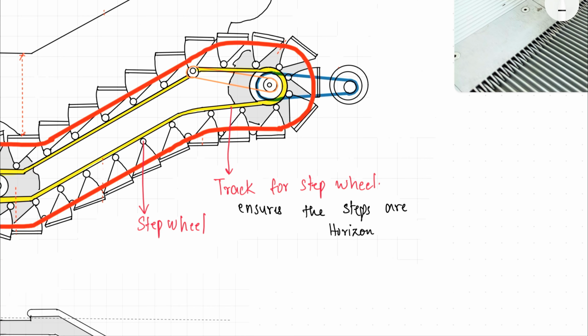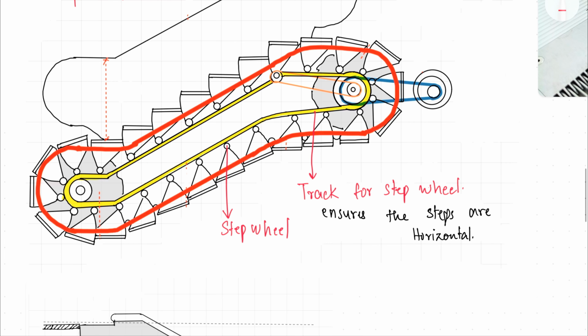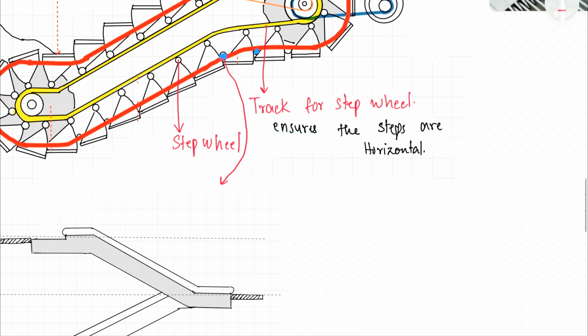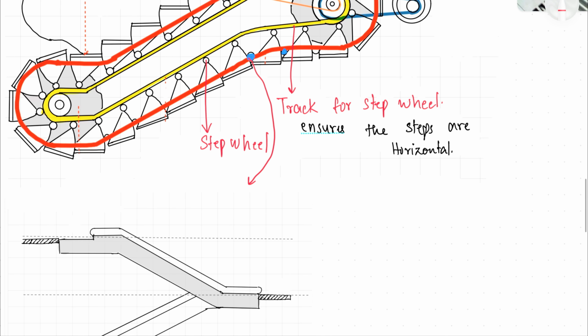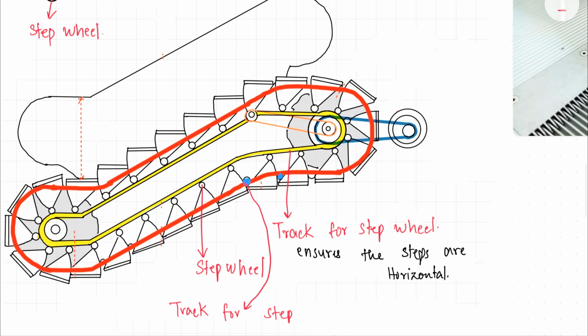Now these wheels you can't see because of the track that's running around, but you have wheels here also, right? So these wheels that connect two steps together, and the track that runs to them, are called the track for the step chain, and they basically pull the steps together.